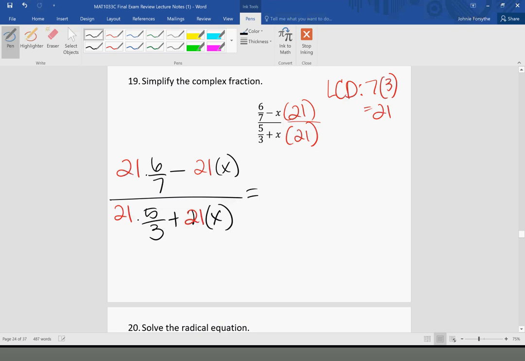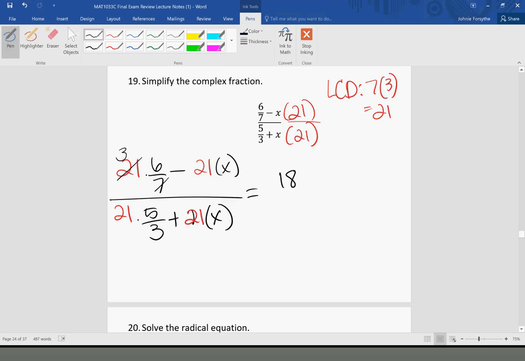Okay. So we have 21 times 6 over 7. You could do that as 21 times 6, which is 126, divided by 7, which is 18. Or you could say, oh, 21 over 7 reduces to just 3.